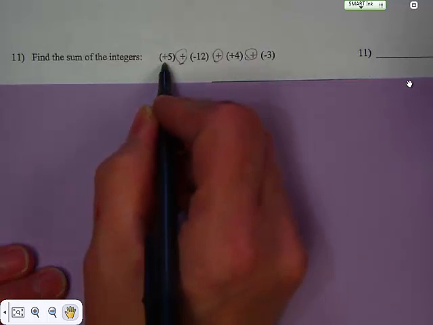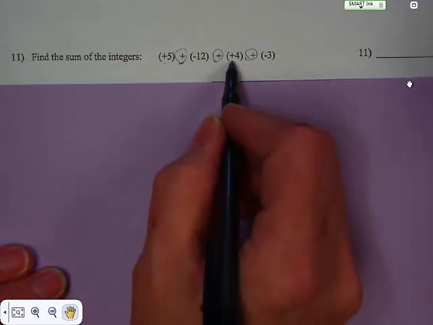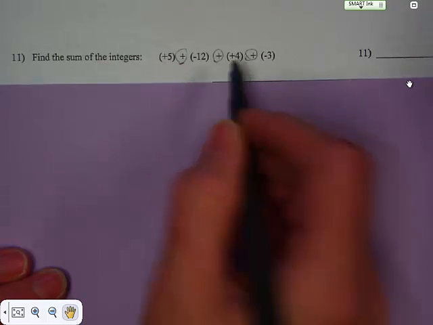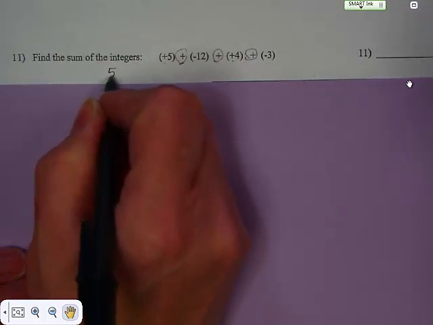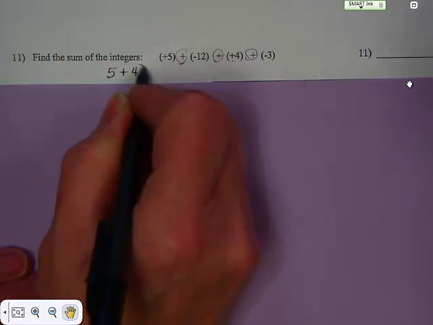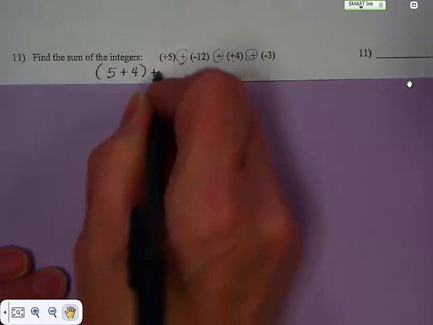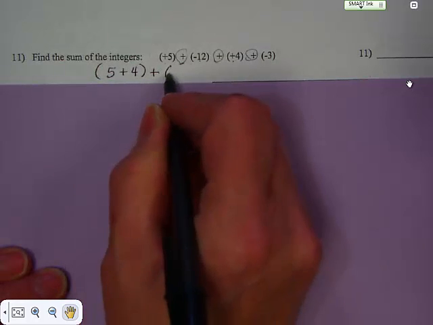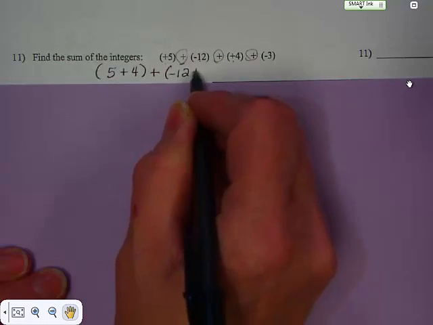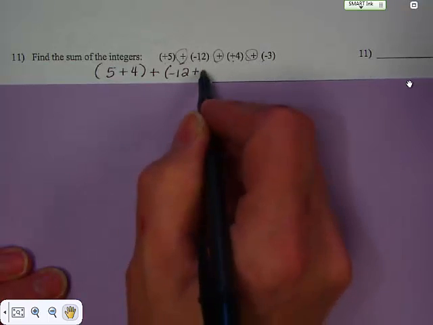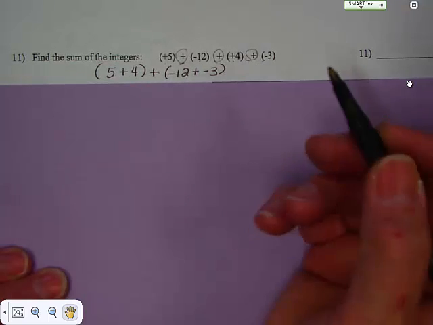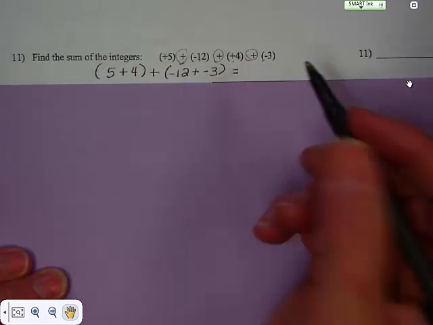So we notice that this 5 is positive and this 4 is positive, so I would put 5 plus 4 because they're both positive, plus, then you have a negative 12 plus a negative 3. Now that's a little bit better organized. It's a little easier to look at.